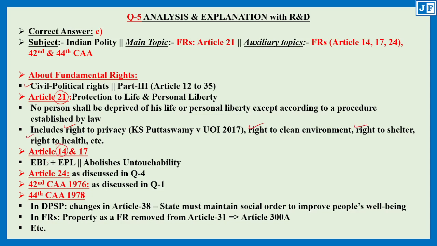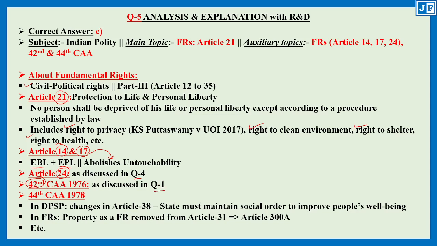Article 14 talks about equality before law and equal protection of law, and Article 17 abolishes untouchability. Article 24 we have discussed in question number 4, and 42nd Amendment Act we have discussed in question number 1.